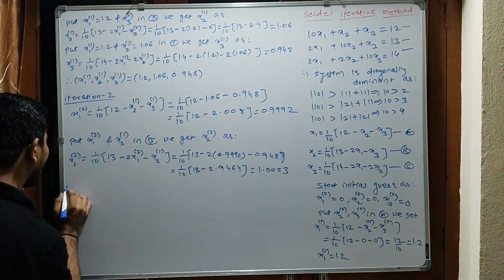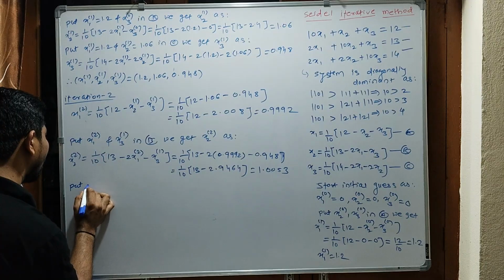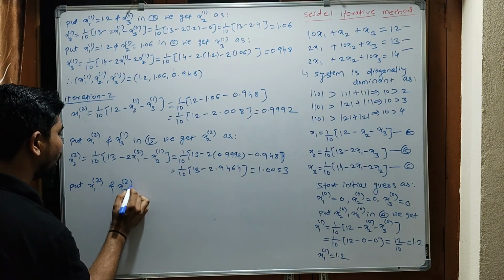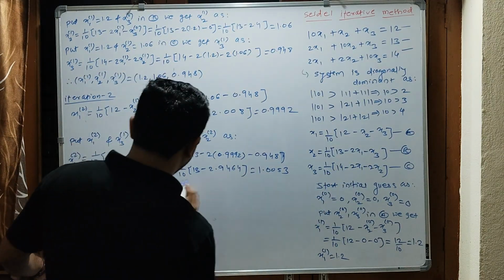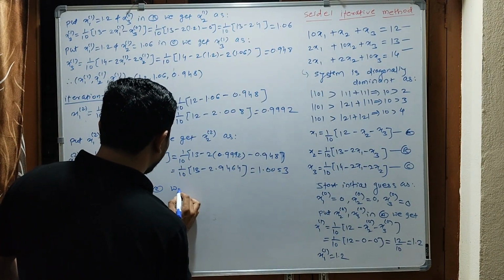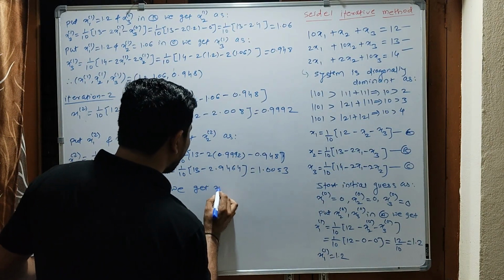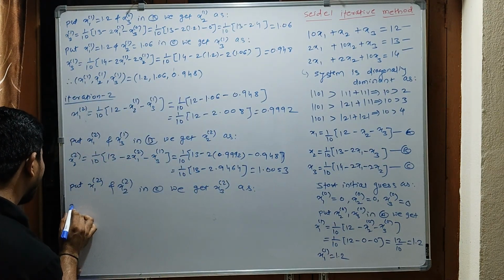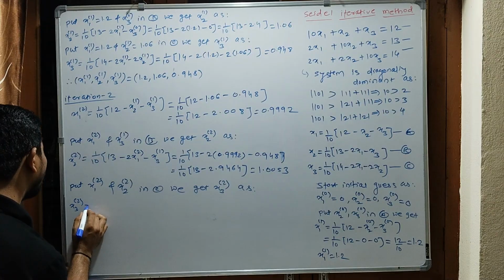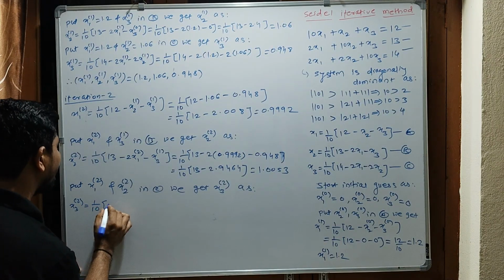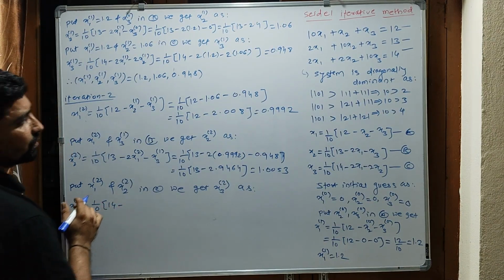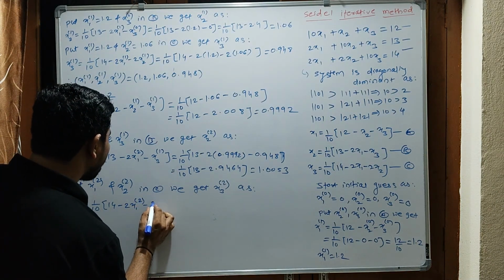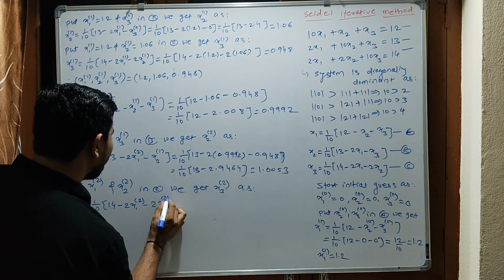Now put x1 at 2 and x2 at 2 in this C. We get x3 at 2, which is equal to 1 by 10 times 14 minus 2 times x1 at 2 minus 2 times x2 at 2.